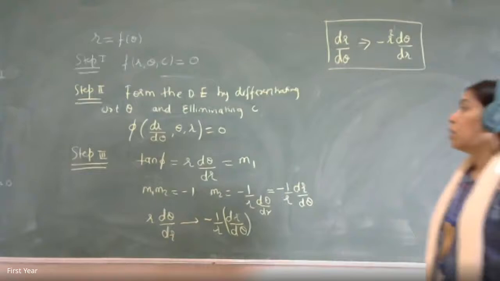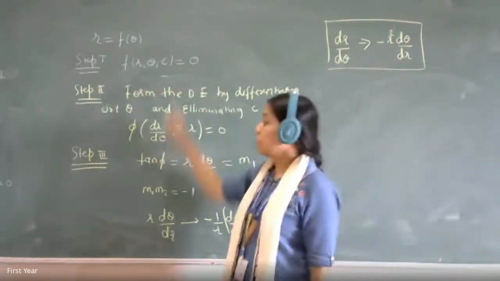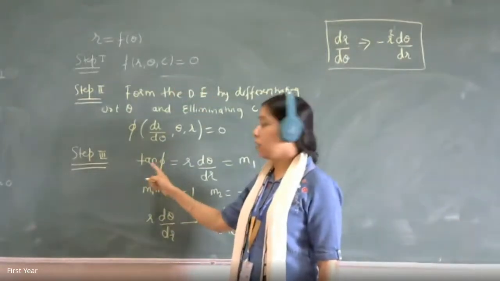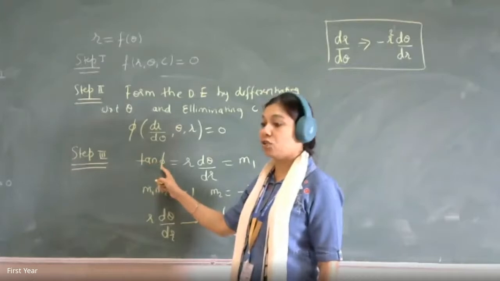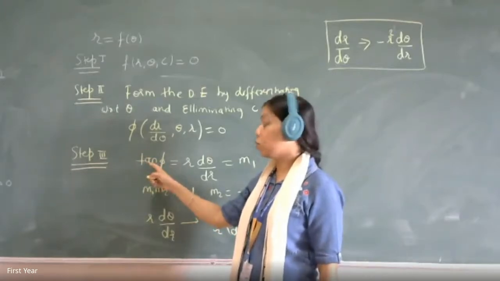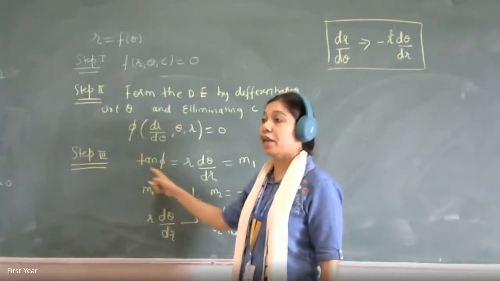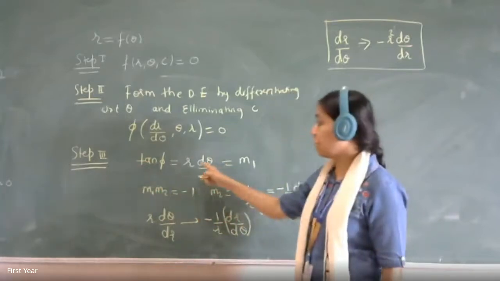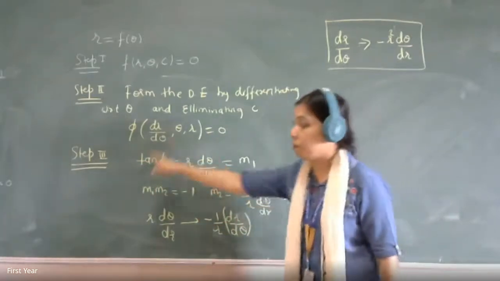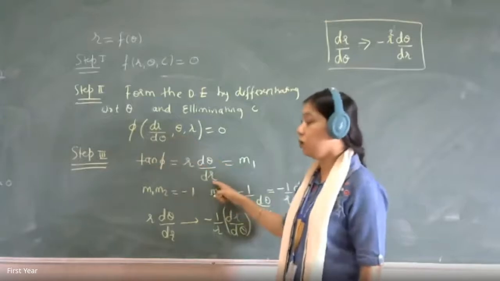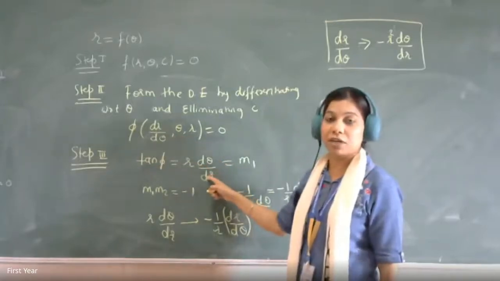I will go. Slope of the polar curve is given with phi, the angle. Phi is the angle of the tangent. Rather, slope of the curve is given by tan theta only, na. So theta is the angle, the phi is the angle. So tan phi का formula we are given as r d theta by dr. The explanation of this is shared in the video because this is high school mathematics.